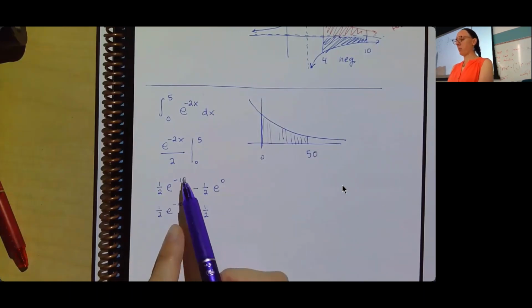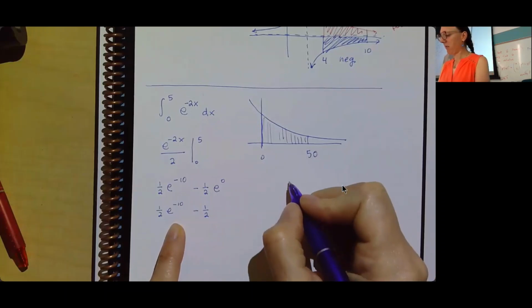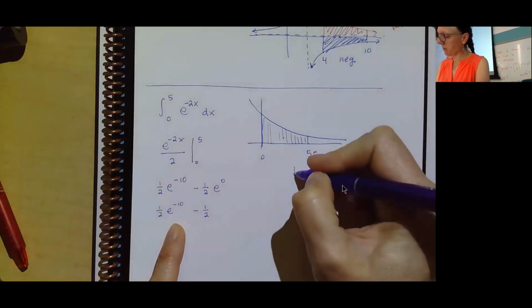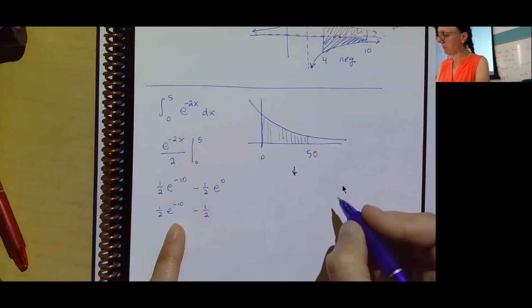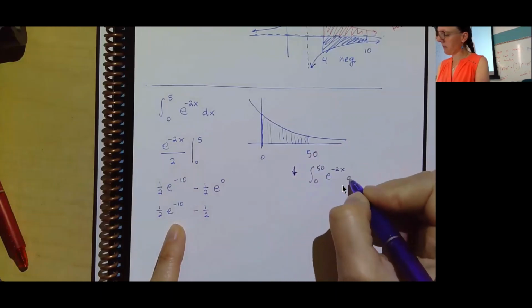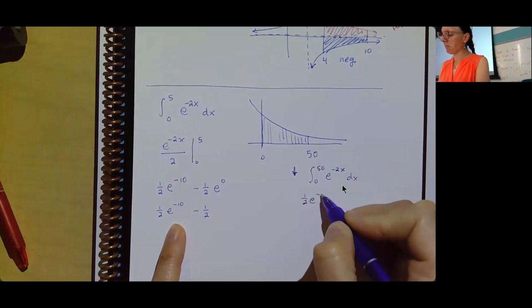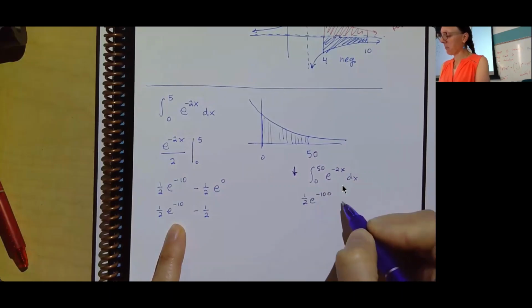And what would my exponent become if I was really going all the way to 50? My purple pen does not want to work today. So if I was going 0 to 50, what would my antiderivative look like? Minus a half.